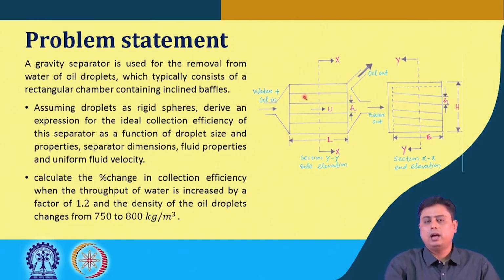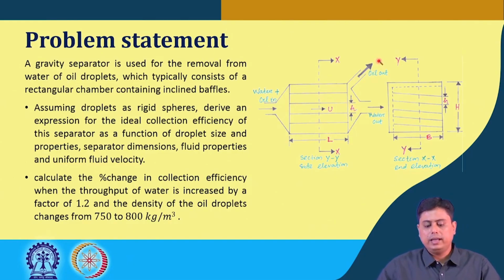As it travels, you can understand the separation mechanism: the oil droplets will come up and stick to the upper surface or the inner surface of the upper baffle, and if it goes there then it can be easily collected at the top.